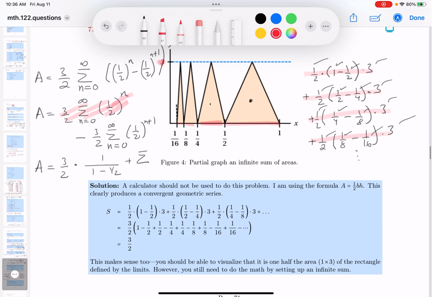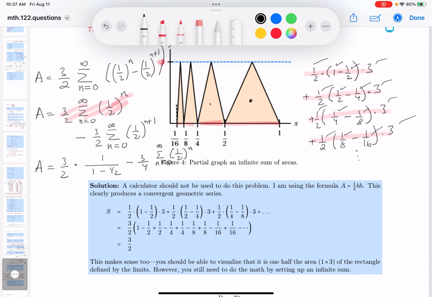Whoops, sorry about this, I didn't mean to put plus on. It's my first mistake, another mistake made. So what do you get over here? Minus, and I'm going to factor the half out, so I put 3/4 times the sum, n equals 0 to infinity, of 1/2 to the n now. All right?